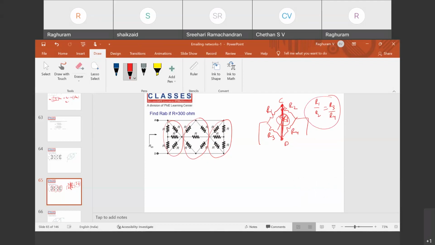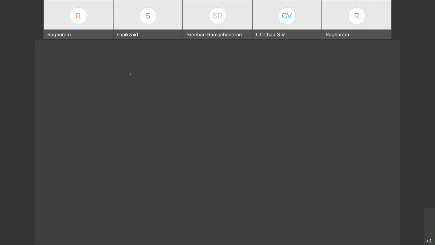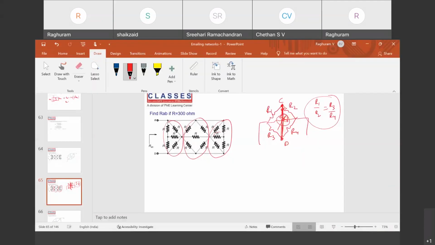Now, this is the same Wheatstone bridge, but the resistance is here and this is the output. This is simply tilted. So what can we do? We can remove these resistors.